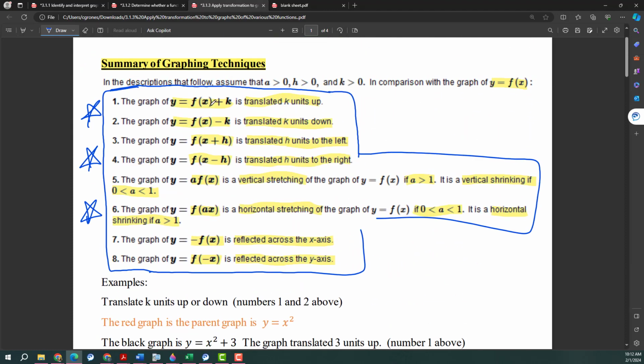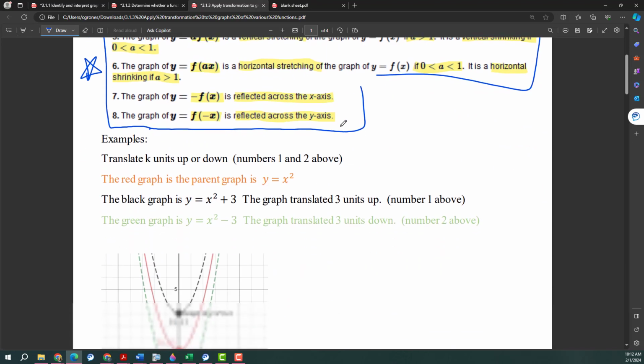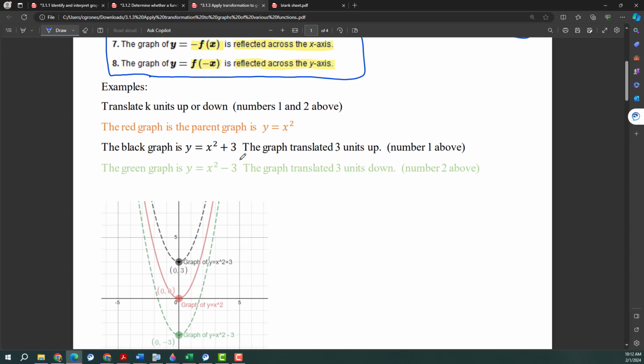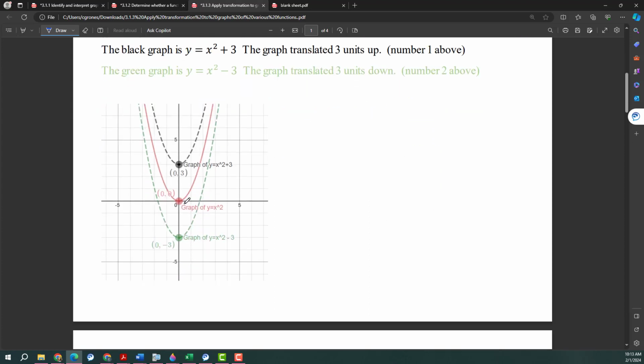Whenever we have a plus and then a constant, we're looking at number 1, so it's translated k units up. In this case, it's going up 3 points. So you would just grab your graph and move it up 1, 2, 3 points. The green graph has -3, so it's translated 3 units down, and so we would move it 3 points down.